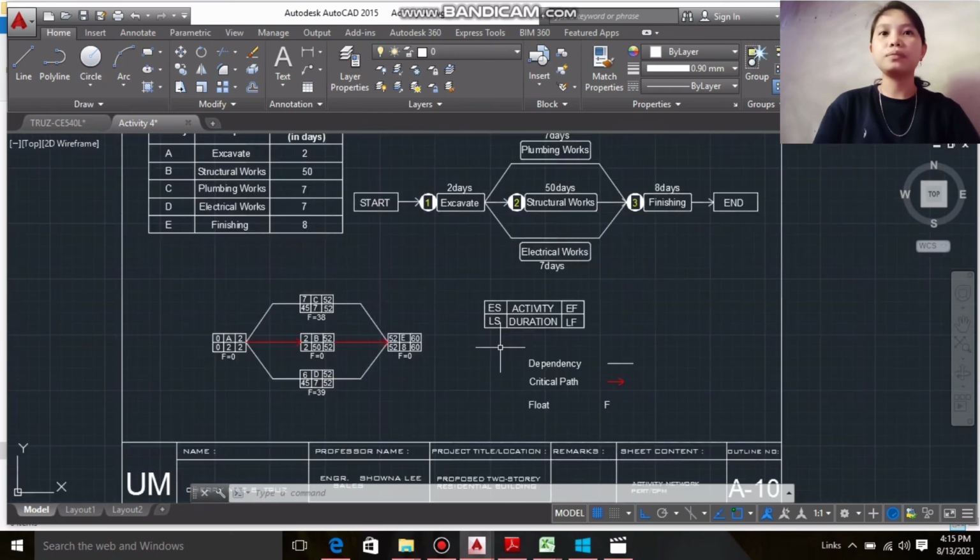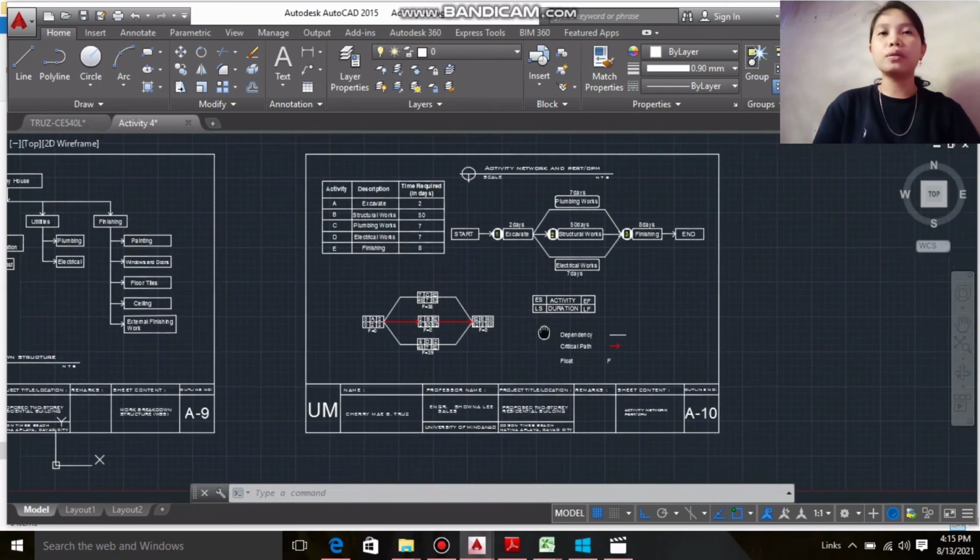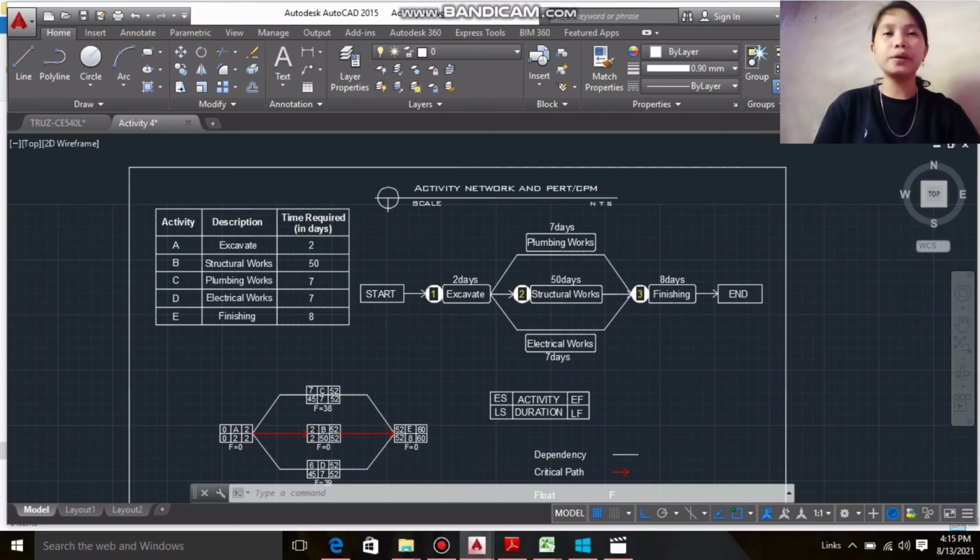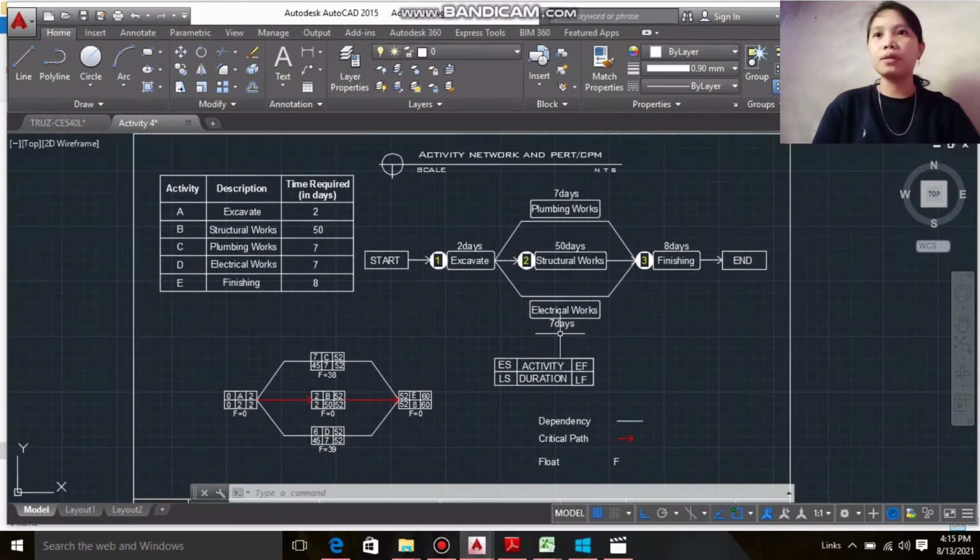So the activity network and CPM. So for the activities A, B, C, D, E: A is excavate, B is structural works, C is plumbing works, D is electrical works, and E is finishing works.